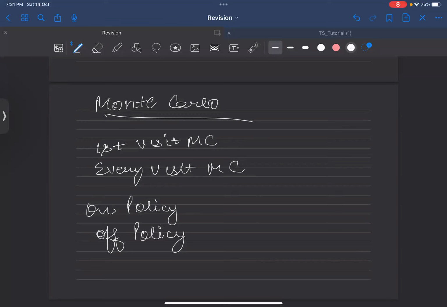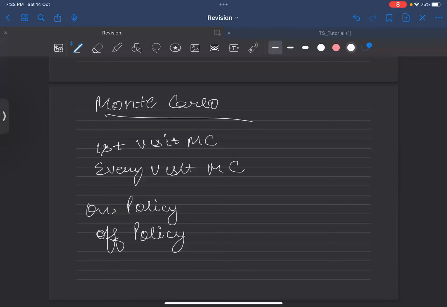In off policy Monte Carlo, we take any arbitrary policy for acting in the trials. We call it a behavior policy, anything to behave in the real world, which may be different from the policy we arrive at when we optimize it.